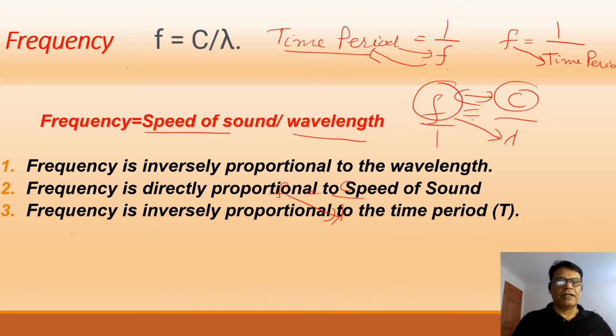It is actually the same formula that we have used before: T is 1 over f, or it can be written as f is equal to 1 over T, where T is the time period.